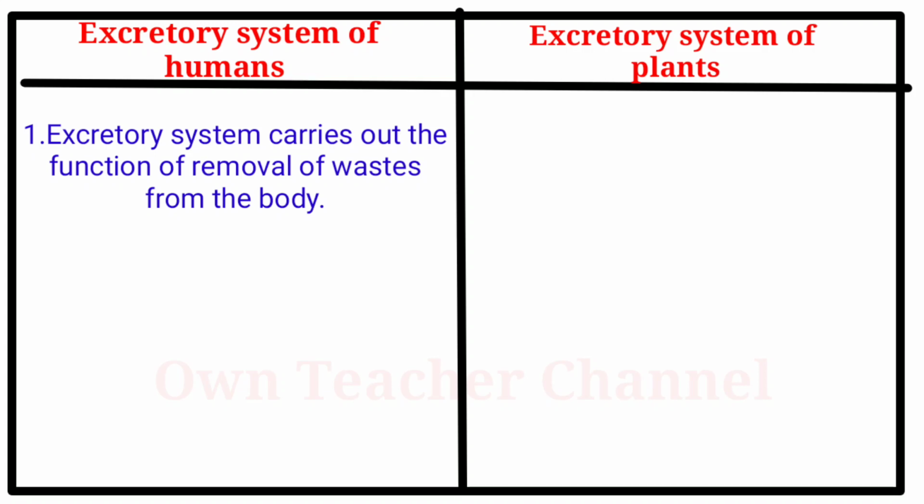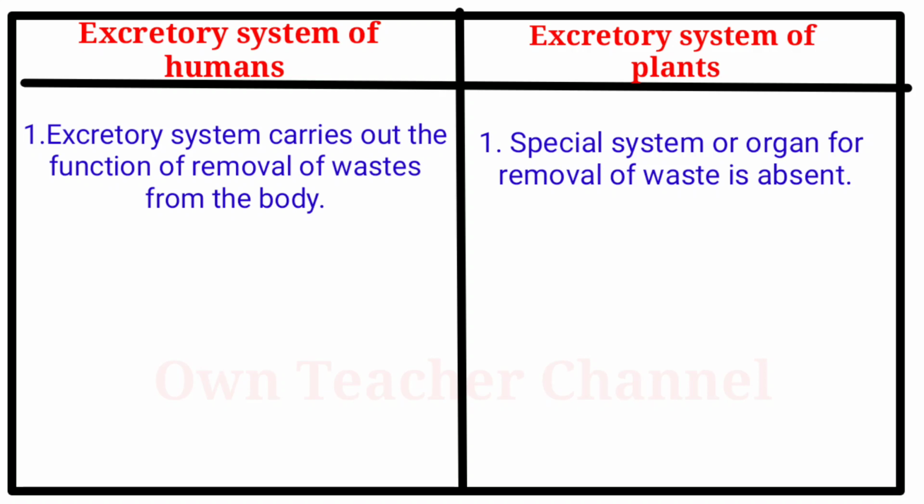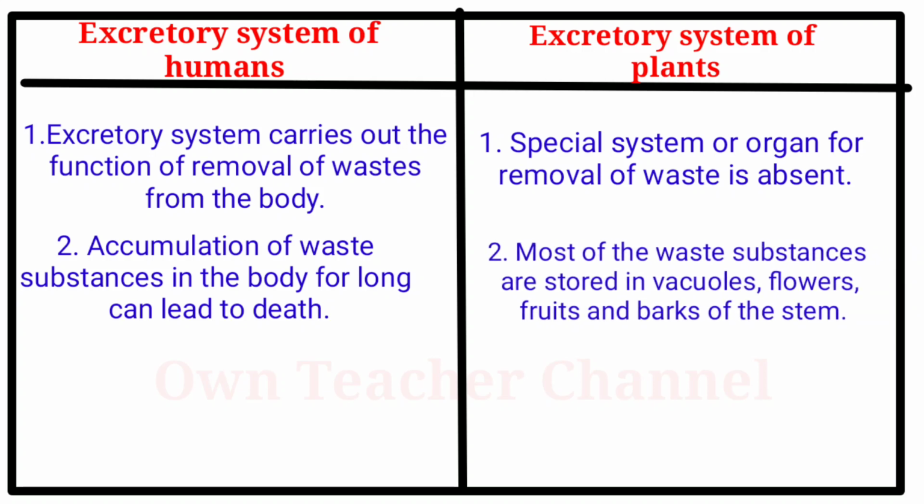In humans, the excretory system carries out the function of removal of wastes from the body. In plants, a special system or organ for removal of waste is absent. In humans, accumulation of waste substances in the body for long can lead to death.